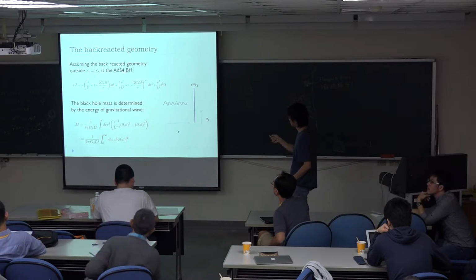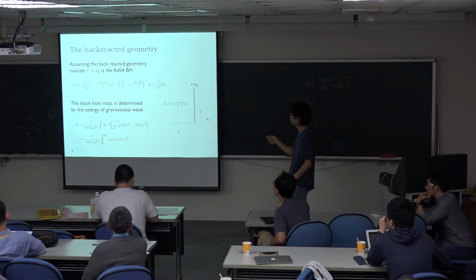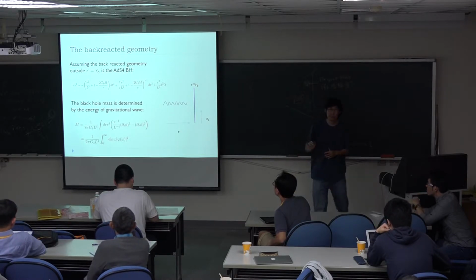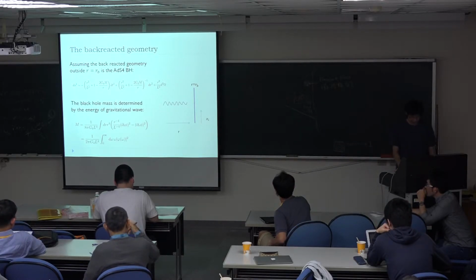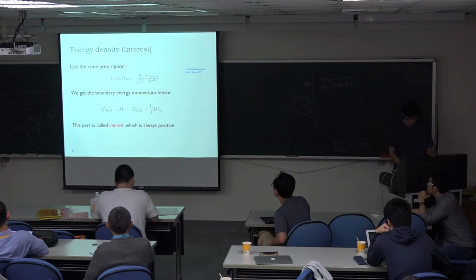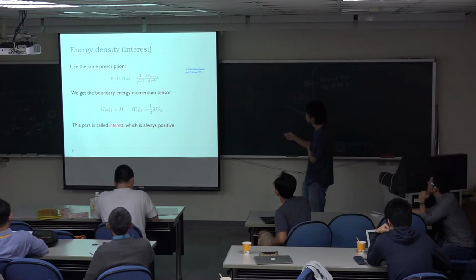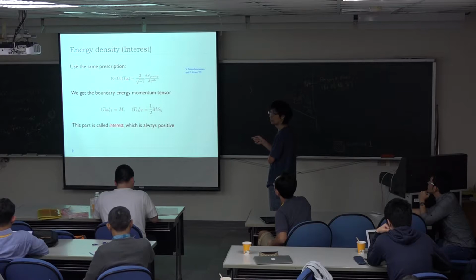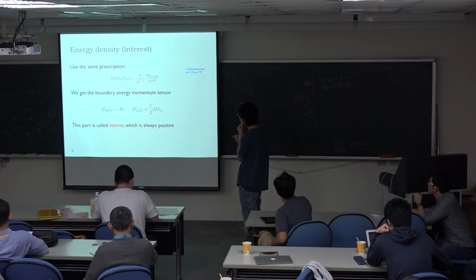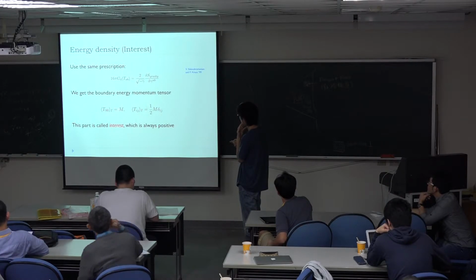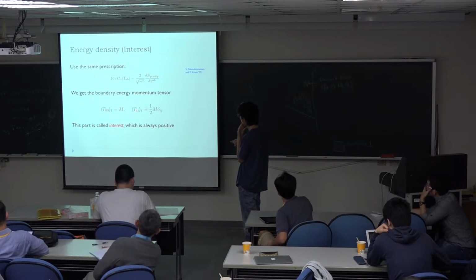So you can obtain the back-reacted geometry, and then use the same AdS/CFT prescription to calculate the back-reaction contribution to the energy-momentum tensor. And what they found is that this part of the energy is always positive. This energy density has a 0,0 component and also an ij component.